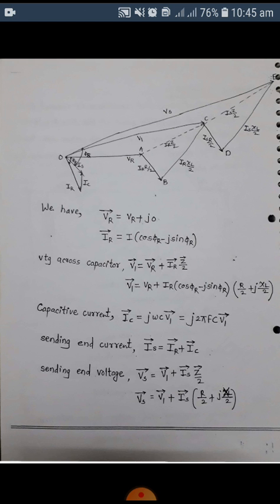Therefore, that equation phi1 becomes phi1 bar equal to receiving end voltage phi r plus, we can put the value of IR bar as IR cos phi r minus j sin phi r, and the impedance of the line Z by 2 we can write as R by 2 plus j XL by 2. This is the equation for voltage across the capacitor phi1.